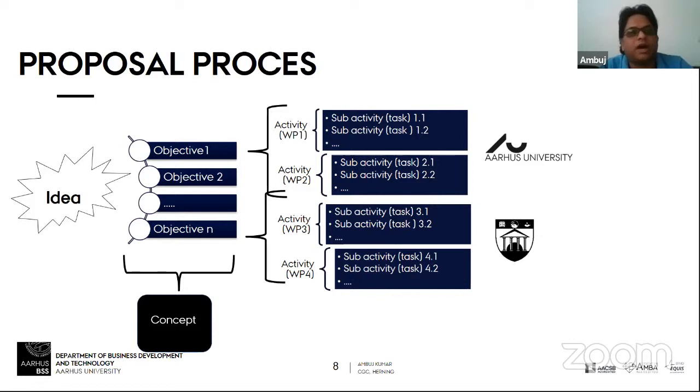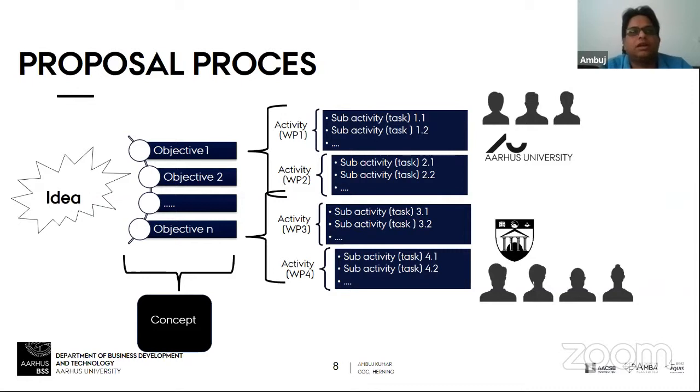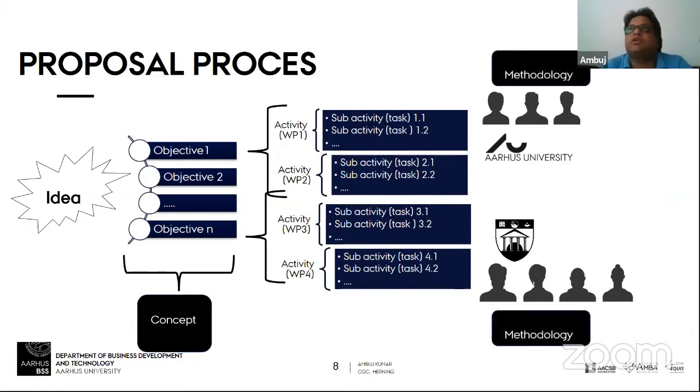Your partners are here, like Aarhus University and IILM. You can dedicate the activities to the partners, and these partners can then hire people or involve their own resources to handle these activities. They will say how many people are required to conduct each activity.